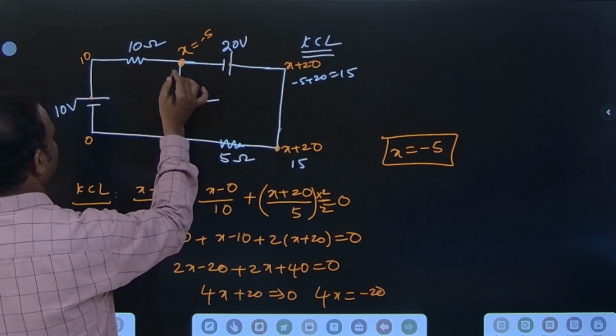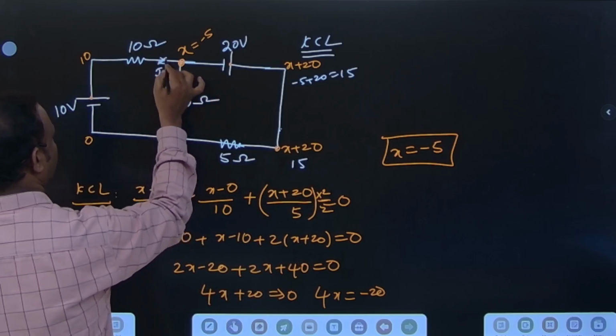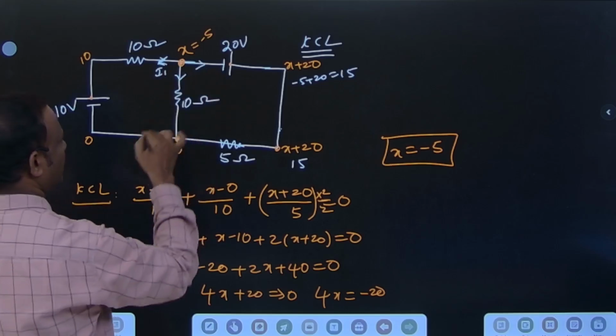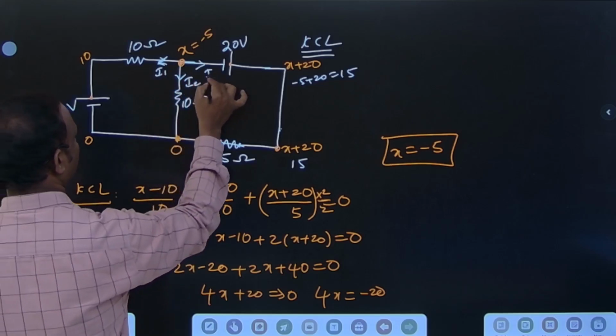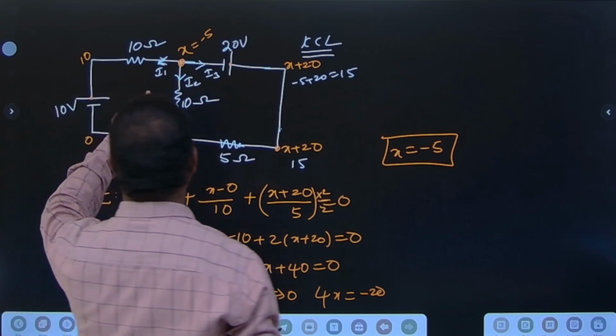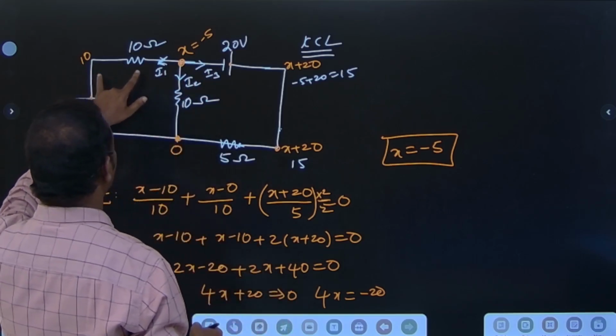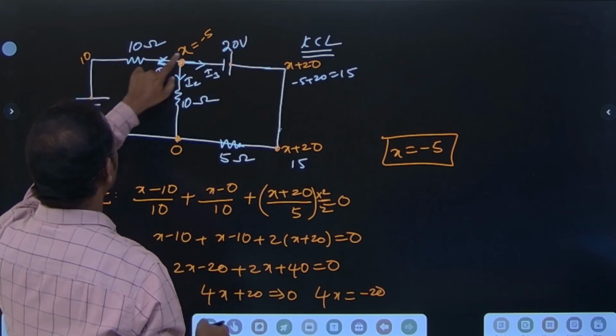Let it be, current is what? Just I'm taking it as I1. Direction, all are away from this one. I'm taking I1, next I2, next I3. If I want to know about I1, this is I1. I1 means V by R. So V means what? 10 minus, correct?